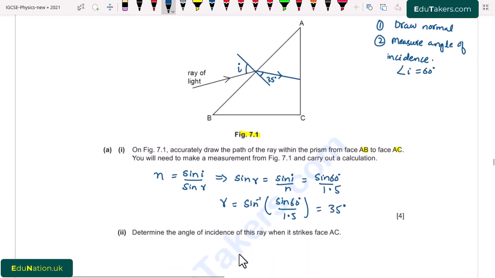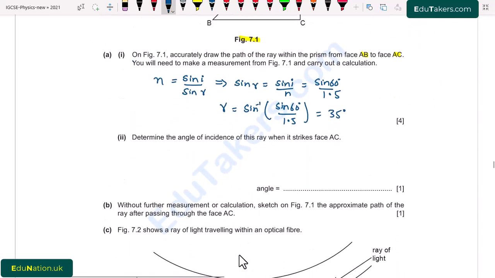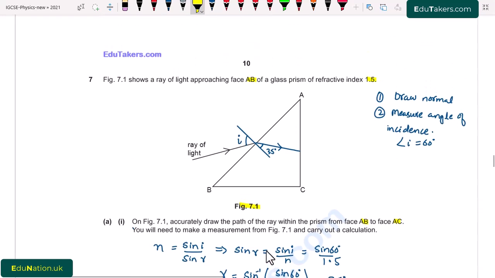Part 2. Determine the angle of incidence of this ray when it strikes the face AC. So the ray that strikes the face AC, we have to determine its angle of incidence. This is the face AC and this ray is incident on the face. First of all I draw the normal again at this surface.